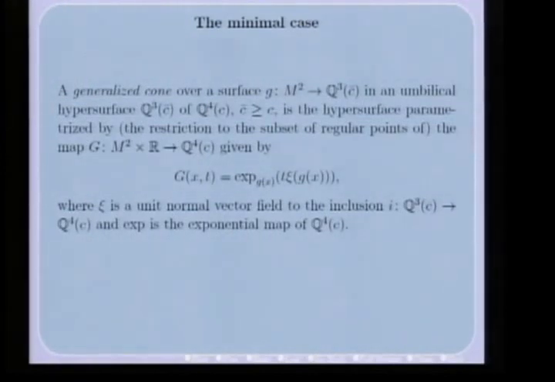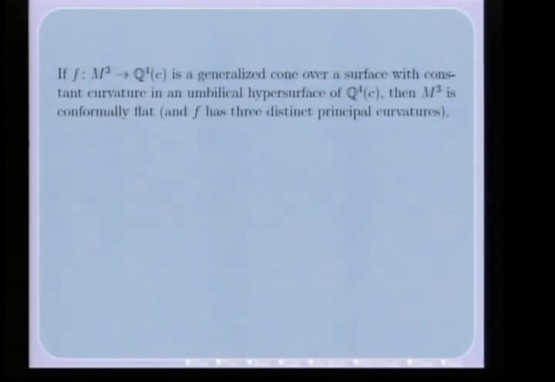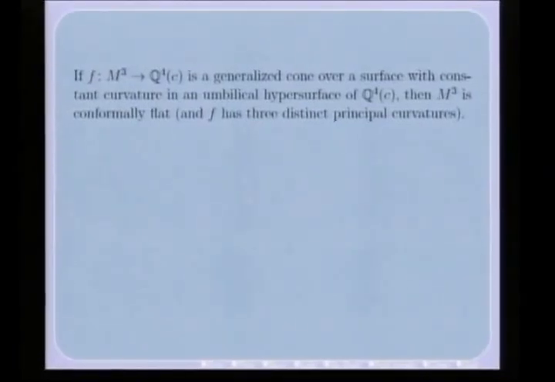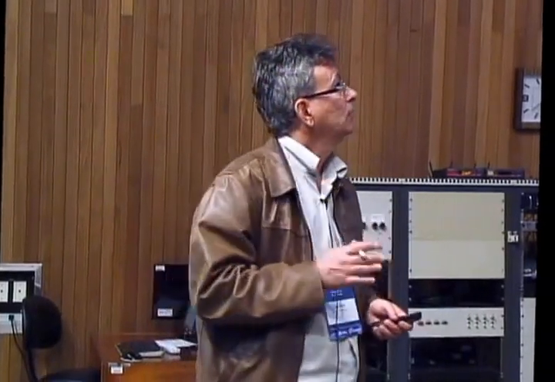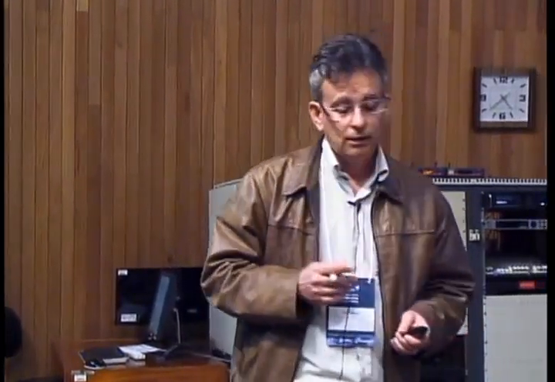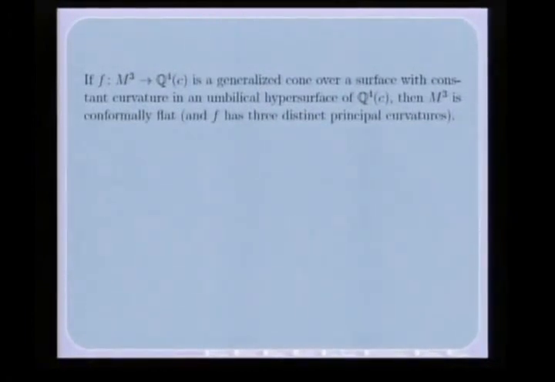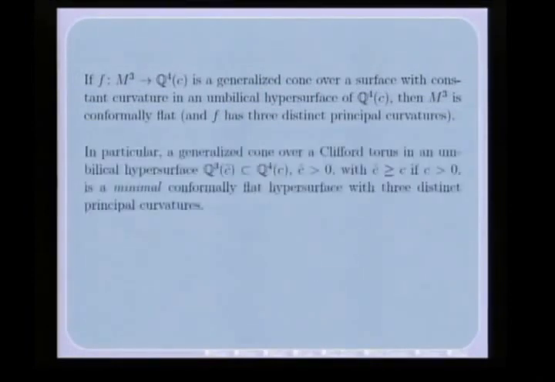And it turns out that if you consider a generalized cone over a surface which has constant curvature in any umbilical hypersurface of the ambient space, you get a conformally flat hypersurface, which has three distinct principal curvatures. Well, the one of each is zero, actually. And if you choose this surface to be a Clifford torus in a three-dimensional sphere, you get a minimal conformally flat hypersurface with three distinct principal curvatures.